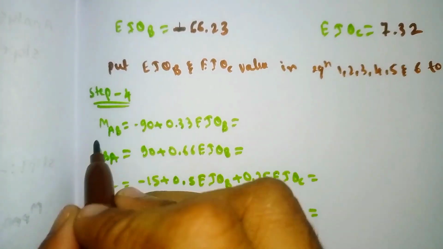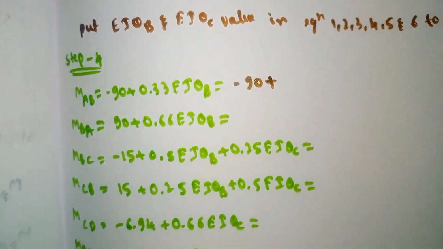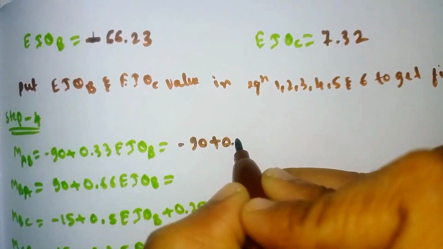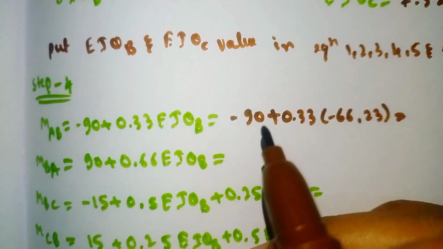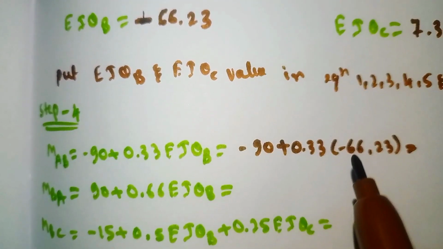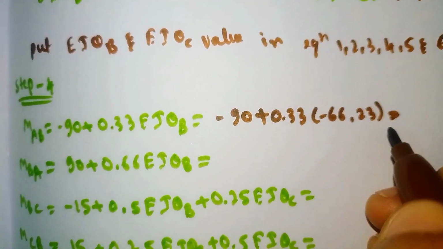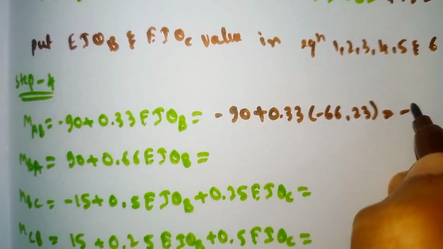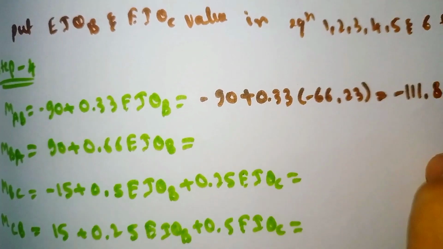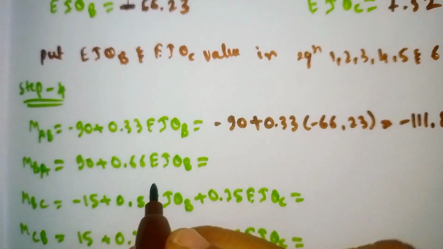Now I will calculate MAB, which is equal to minus 90 plus 0.33 EI theta B. The EI theta B value we got was minus 66.23. Simplifying, it will come out as minus 111.85 kilonewton meter. So this is our MAB value.